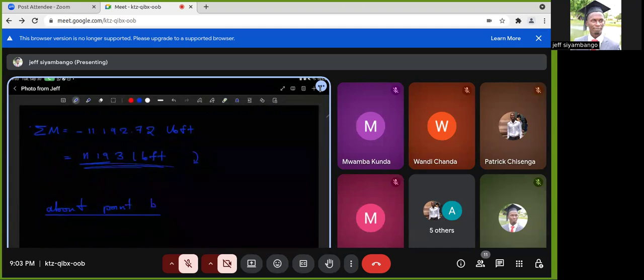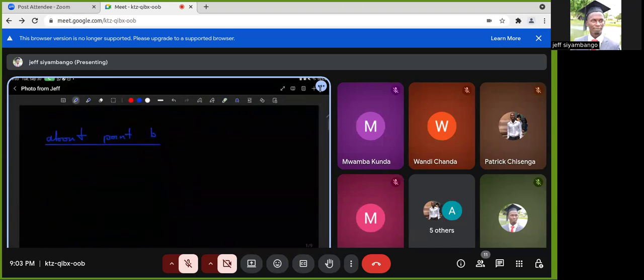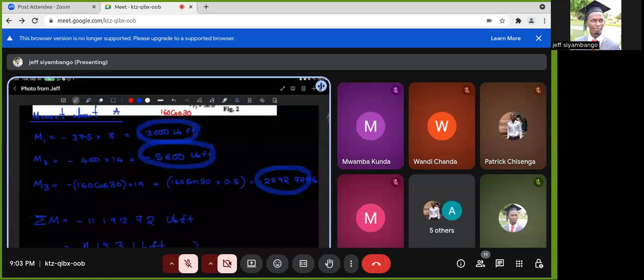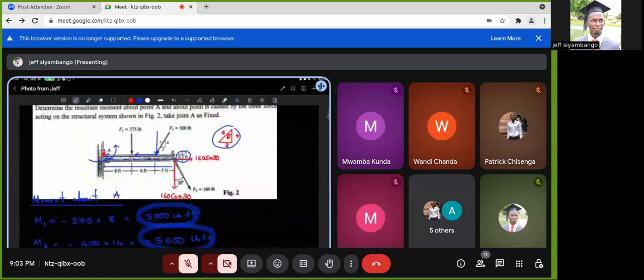Now observe that A has a fixed support, and a fixed support has reactions there. The question is specific that the resultant is due to the forces one to three.